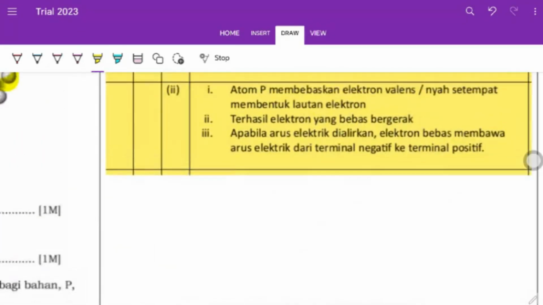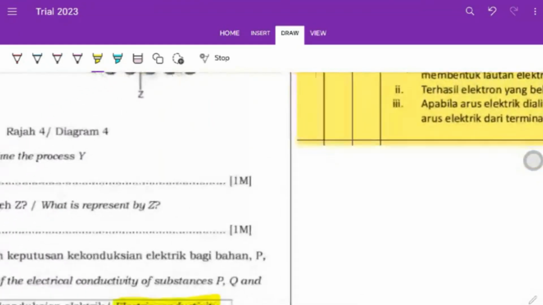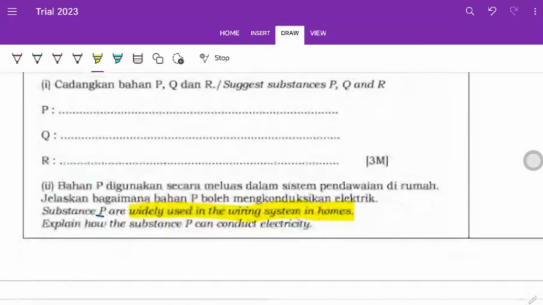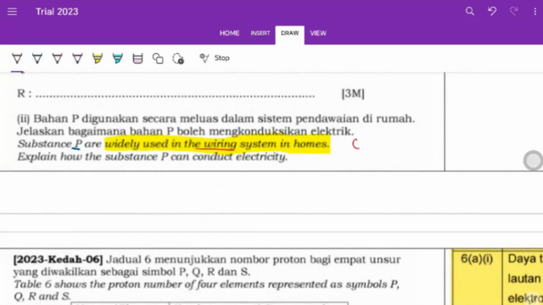Meaning that here we cannot choose magnesium. If wiring, what is the metal used, class? Test your common sense. Copper. Yes, so this one P you should put copper. Remember, for wiring it is copper metal.